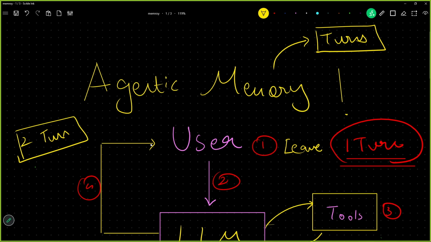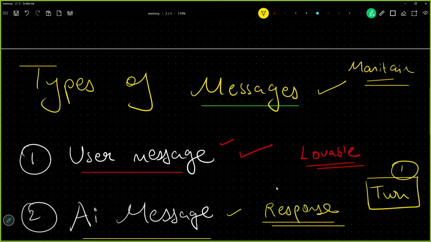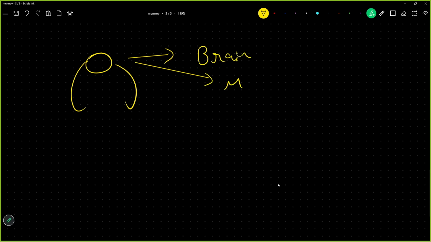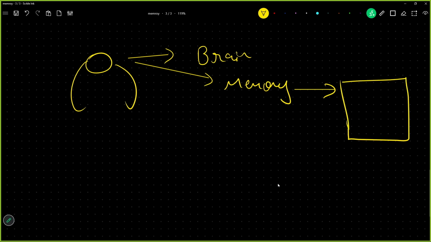So how will an AI agent maintain its memory? If I simply draw an AI agent, this is the brain of the AI agent, and along with the brain there is something called the memory of the AI agent. In this memory, it is trying to maintain a list of turns: turn 1, turn 2, turn 3, and so on.